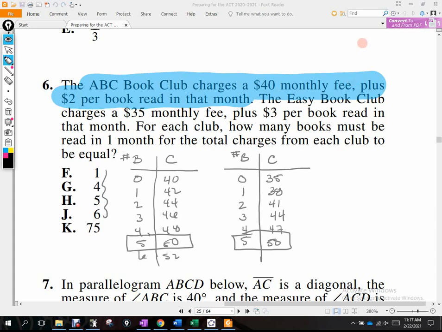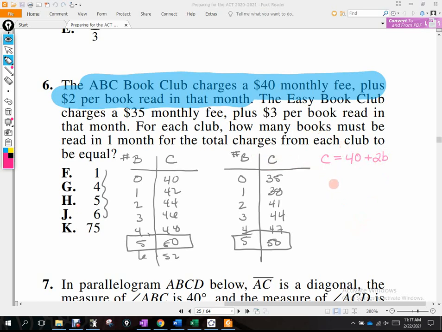Okay. If we look at this first table, the data they give me is saying that your cost is equal to $40 plus 2 times every book. I'll just use b as my variable. Does that make sense?